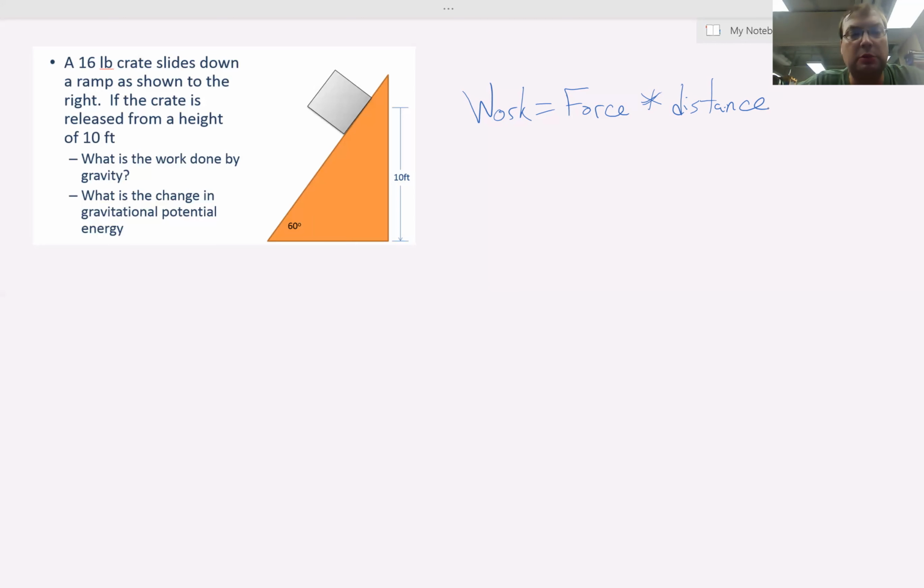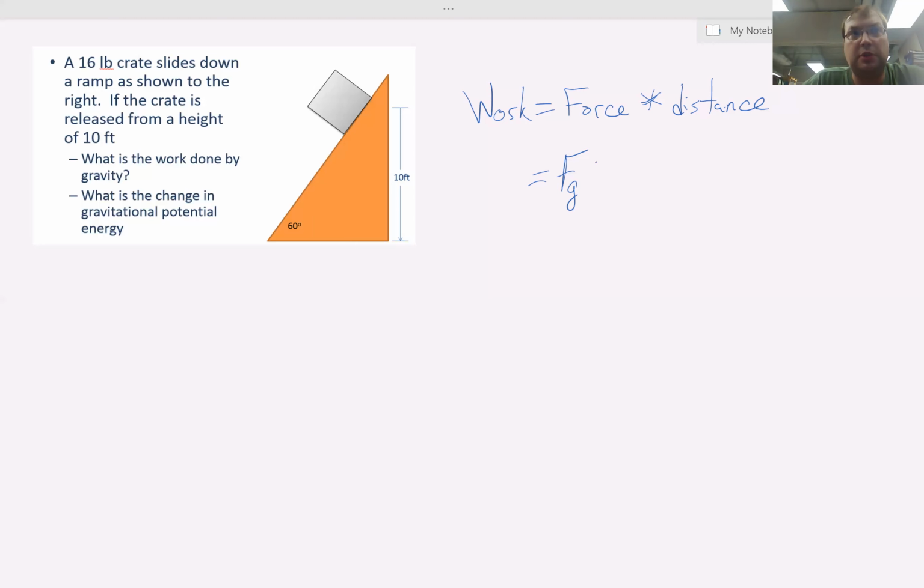So in this case, what we're looking to do is to find exactly what is the force. Well, the force we know is the force of gravity. Now the force of gravity in this case is the idea that we have a 16-pound crate. So we know that that is the force that is present.